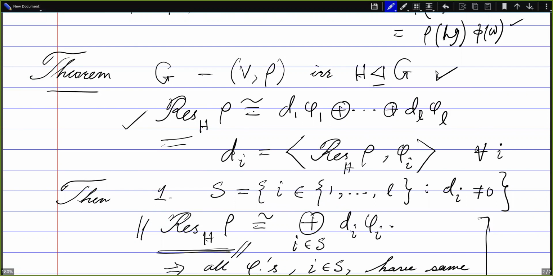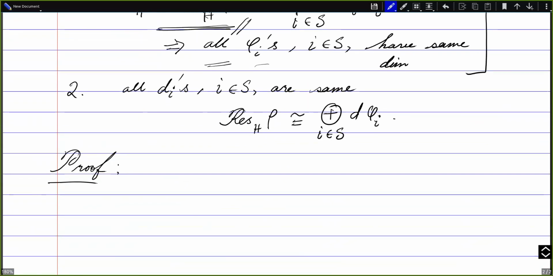Only those irreducibles can be contained which have the same degree, and once they are contained, their multiplicity should be the same. That makes the number of possibilities quite limited in this situation. Okay, let's now finish the proof.